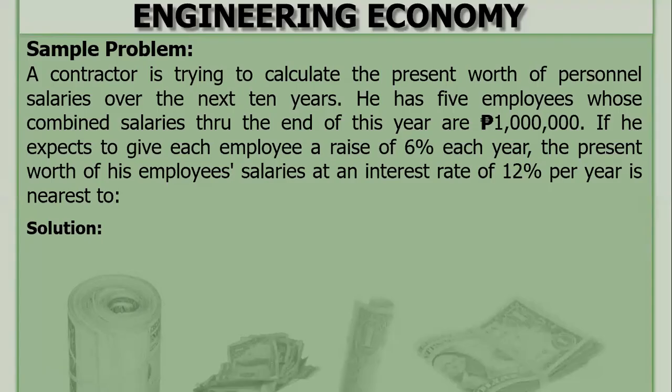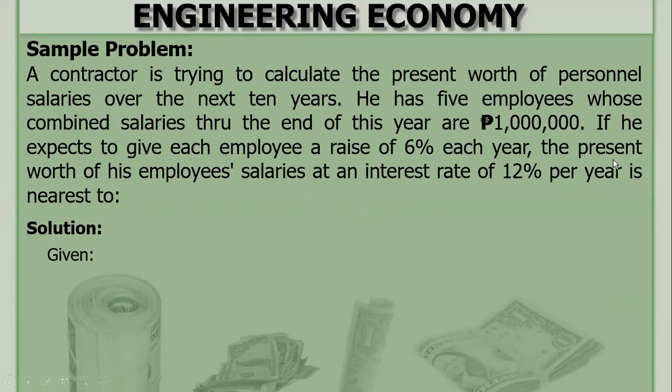If he expects to give each employee a raise of 6% each year, that is our G, the present worth of his employee salaries at an interest rate of 12% per year is nearest to blank. That is what we will find.